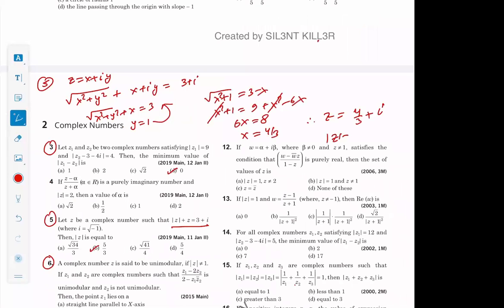So mod z will be the square root of (4/3) squared plus 1 squared, which is equal to 5 by 3 if you simplify. Understood?